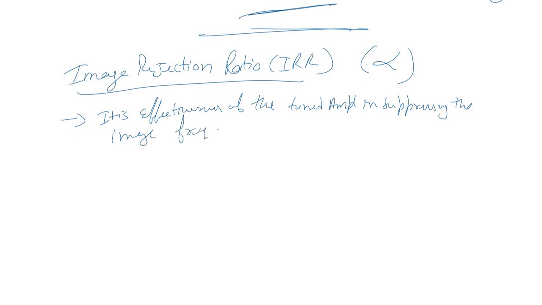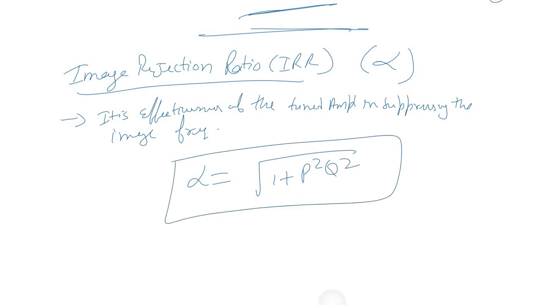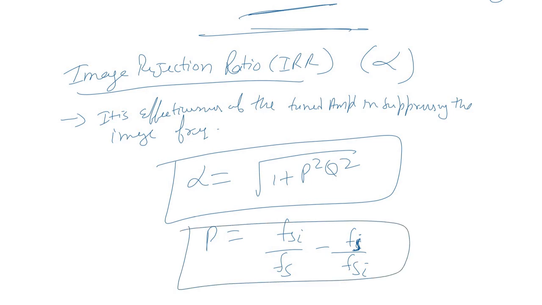The mathematical expression of this image rejection ratio alpha is square root of 1 plus P square into Q square, where P is FSI divided by Fs minus Fs divided by FSI. So this is the expression of P which is used in this formula, and Q is the quality factor.